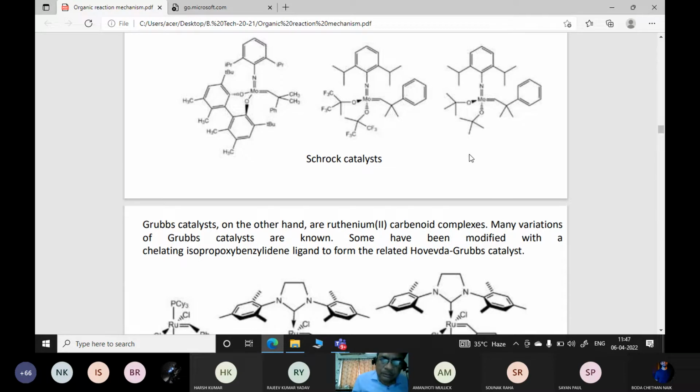Professors Schrock and Grubbs were not nominated for the Nobel Prize at that time. The Nobel Committee did not recommend them because the mechanism of the reaction was not explained by Schrock and Grubbs.